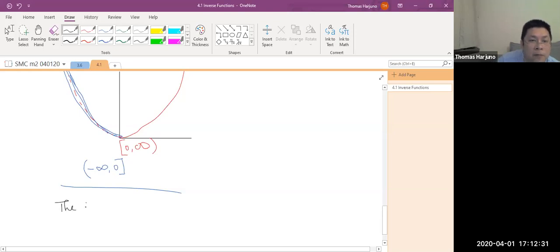The inverse of a function always exists, but may not be a function.